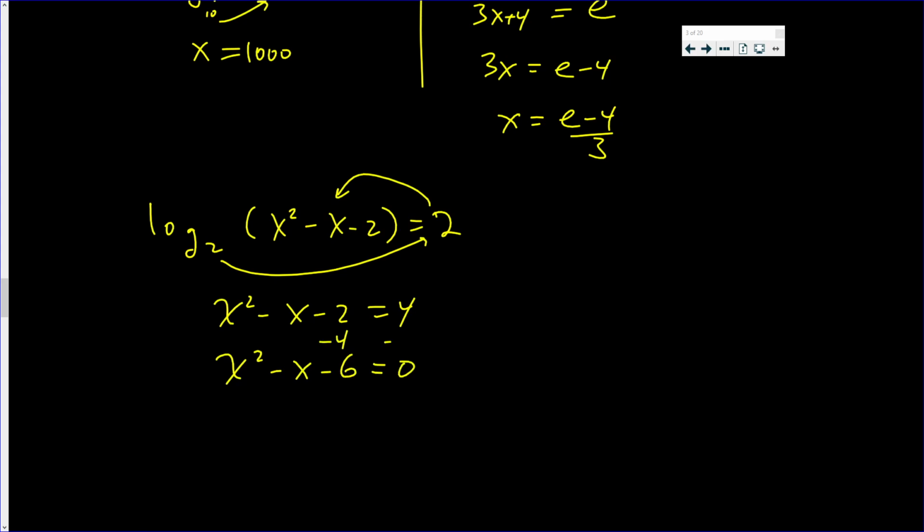I take away 4 from both sides. Well, this gives me x minus 3 times x plus 2 is 0. So either x is 3 or x is negative 2.